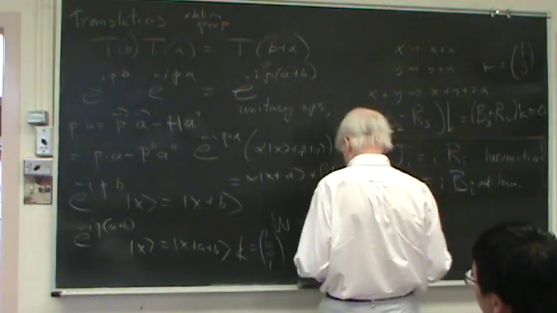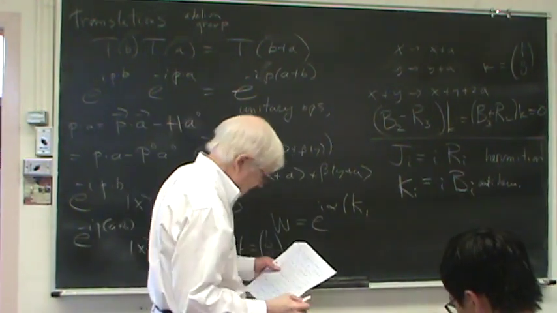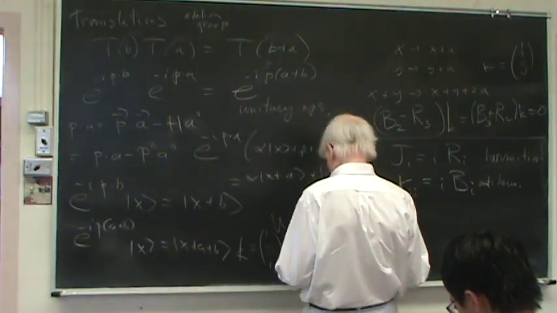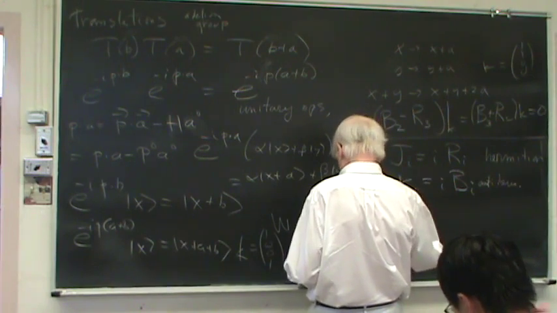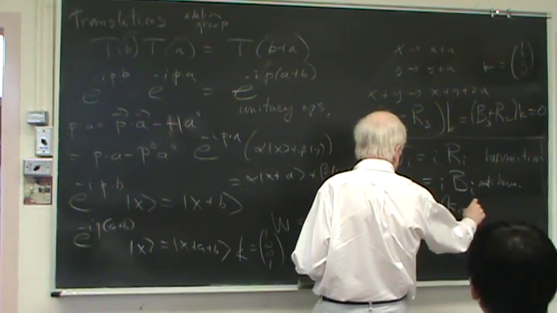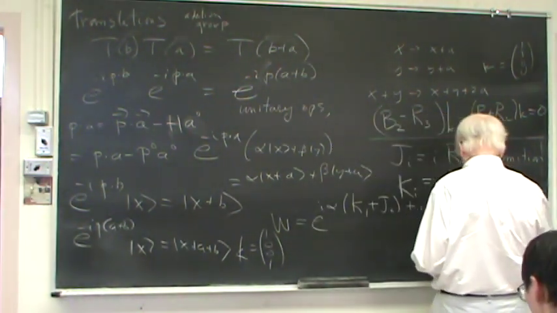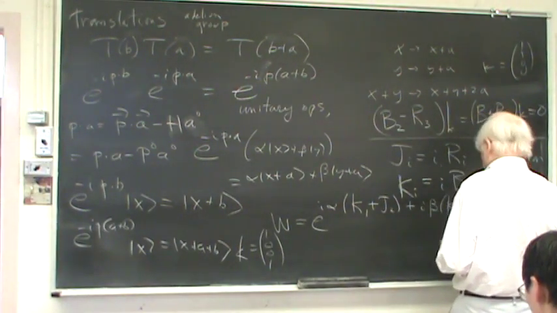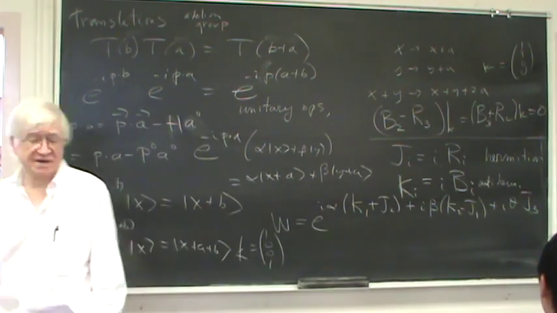He has J3 and then K1 and K2 and J1 and J2. And so, for his case, what you have is this is what the Wigner operator is.